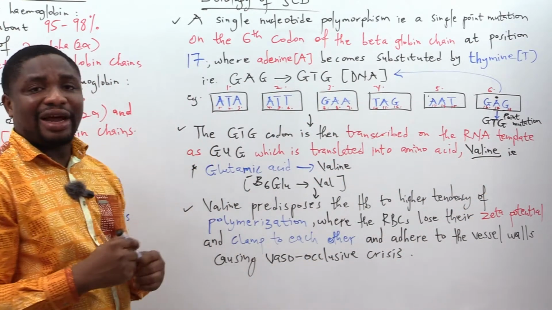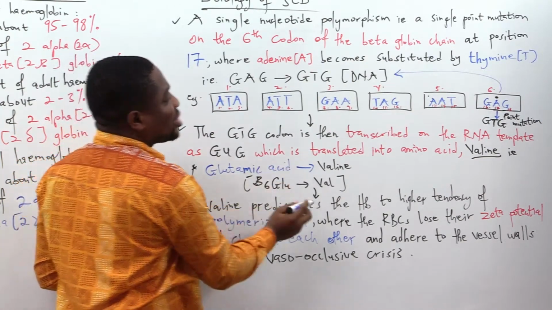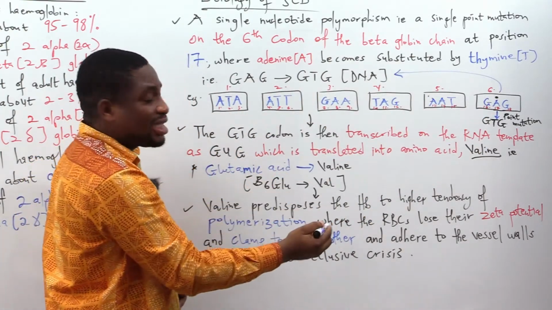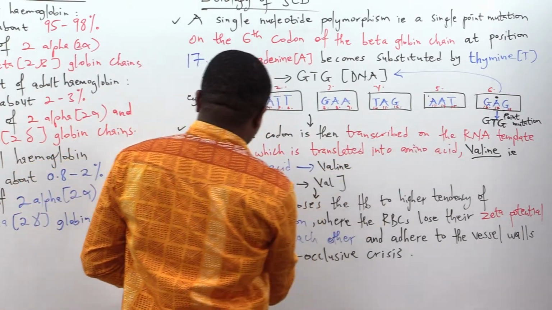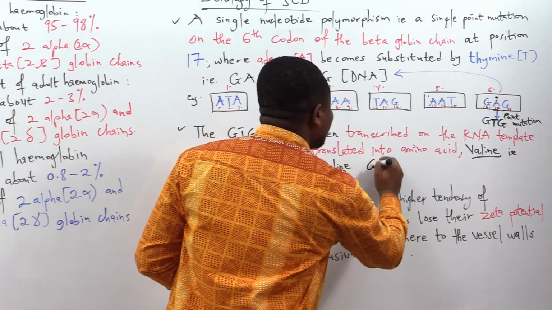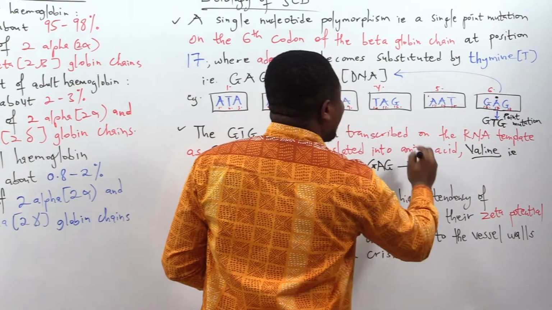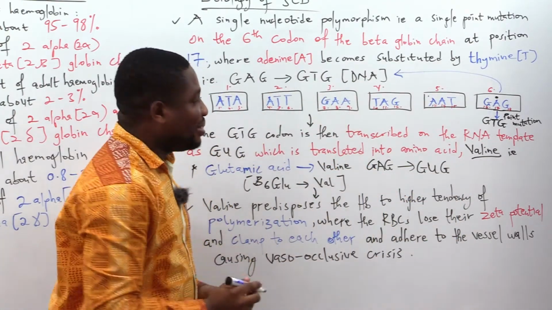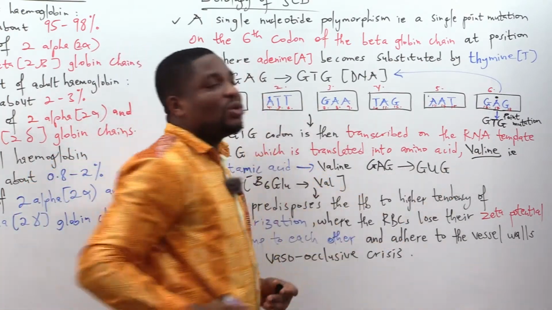So in that scenario, we are going to have glutamic acid, which corresponds to the GAG, being substituted by valine, which corresponds to GUG. So GAG codes for glutamic acid and GUG codes for valine.